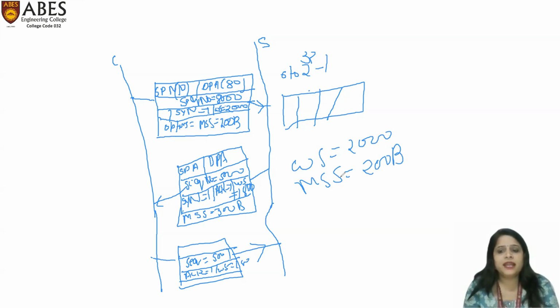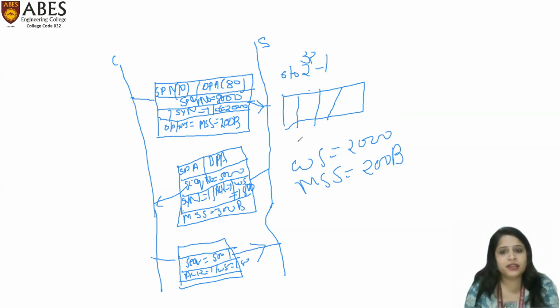The meaning is that the client informs the server that my maximum buffer size is 2000 bytes, but my network cannot handle that in one segment, because whenever we want to send a segment from the transport layer, it goes to the network layer, and after that the data link layer.